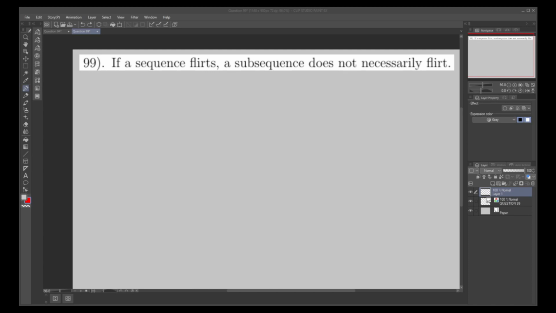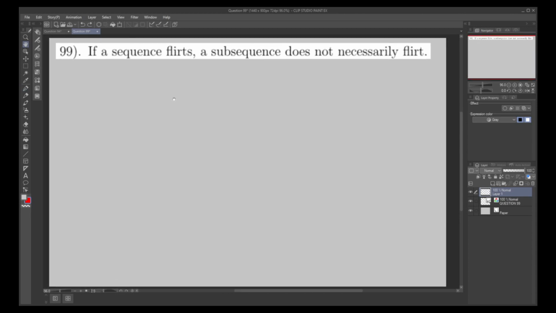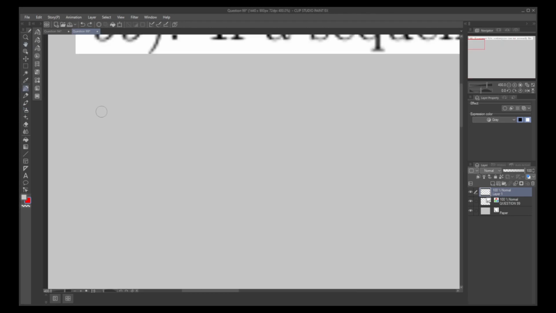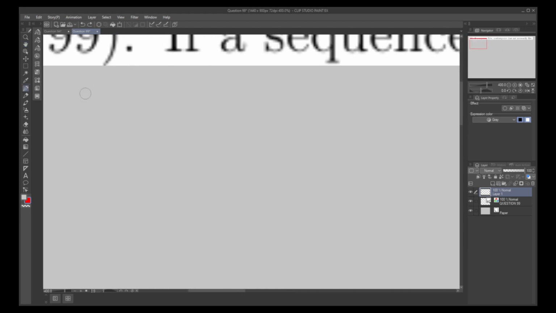Alrighty, let's move on to question 99. If a sequence flirts, a subsequence does not necessarily flirt. So let me zoom in. Don't want to not have enough space like last time.